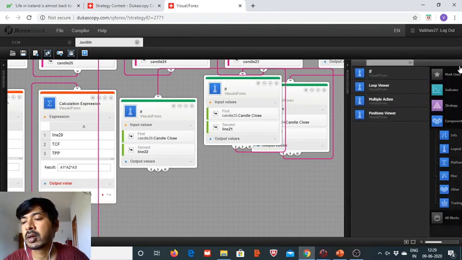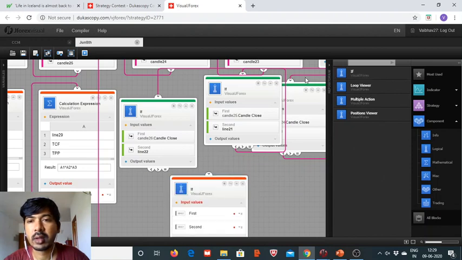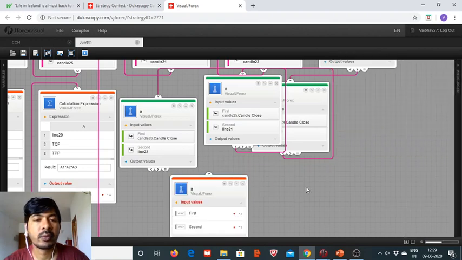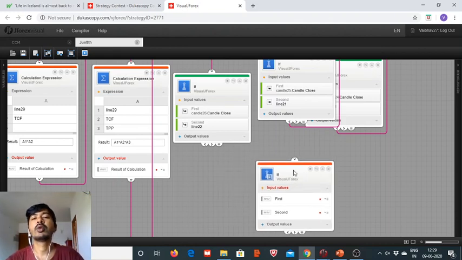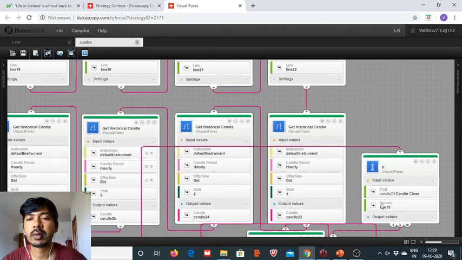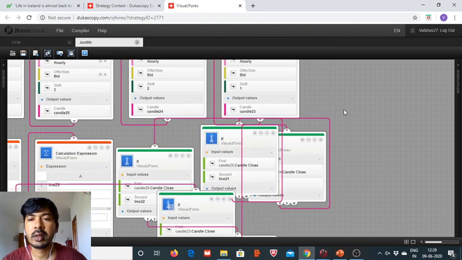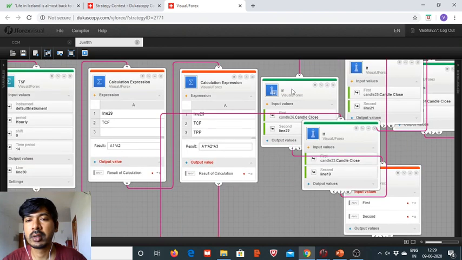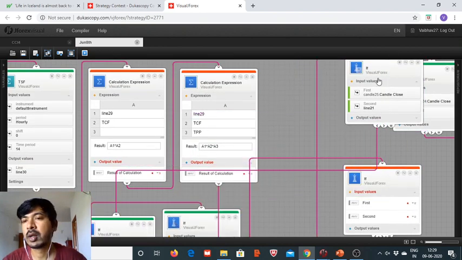Now let us take one more if condition here, and then we will join the dots. Now candle 26 close should have been less than, so this is the requirement, and here we have done this comparison fairly well.